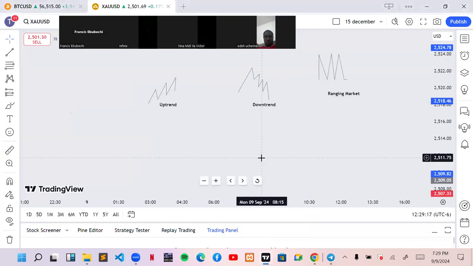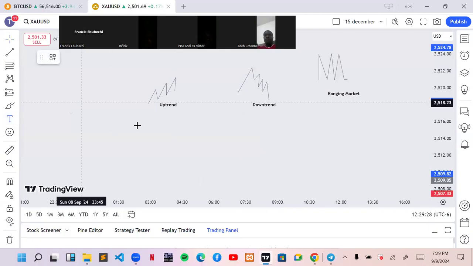So that being said, what I pay attention to when trading market structure is the break of structure and then the market structure shift. Now, what's the market structure shift?